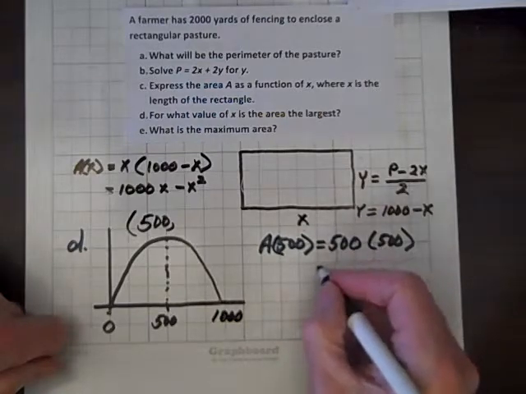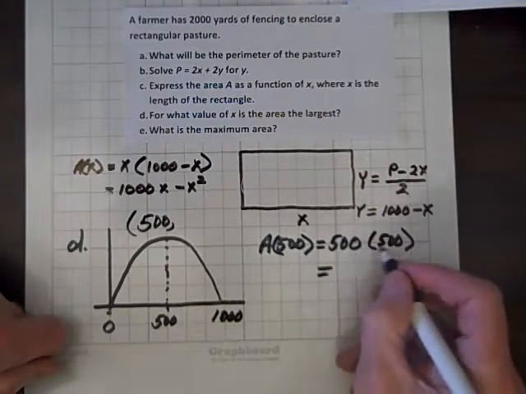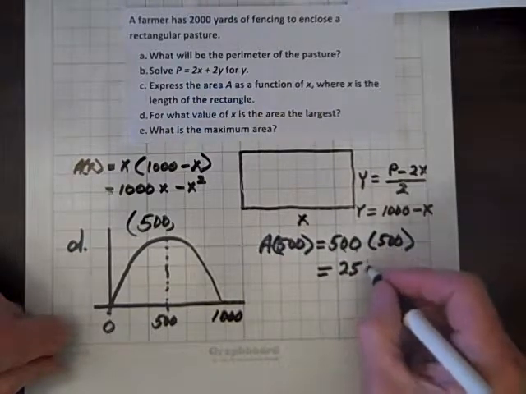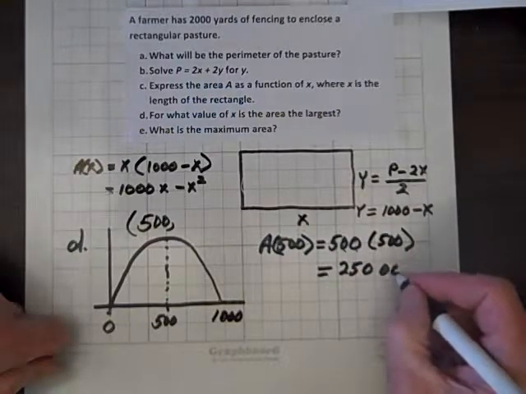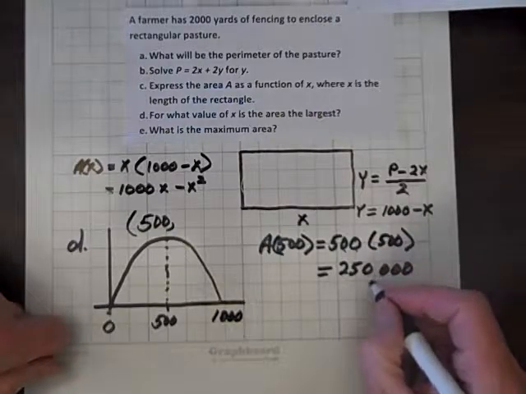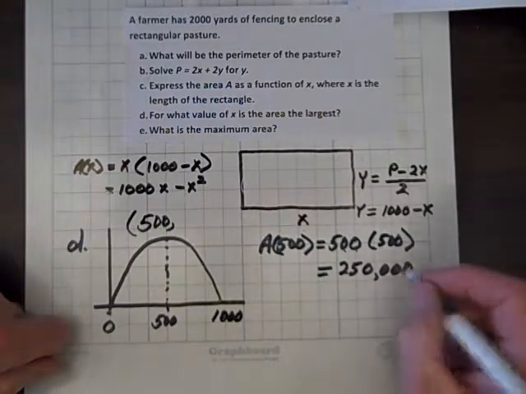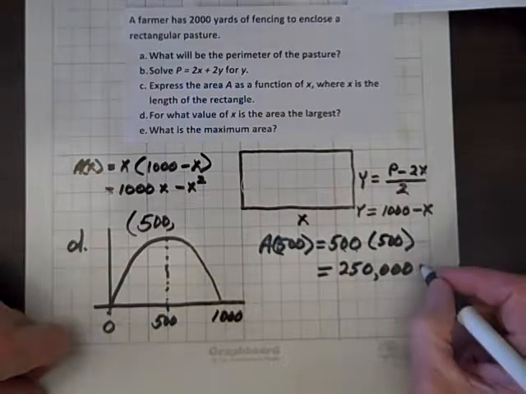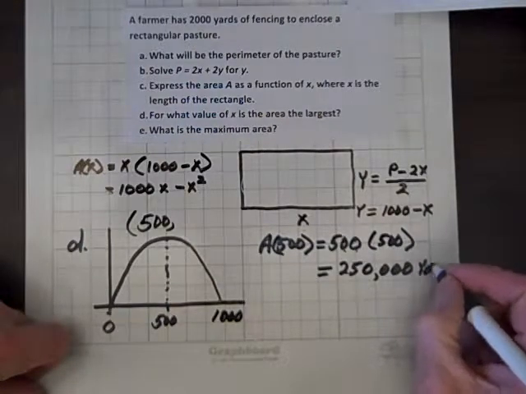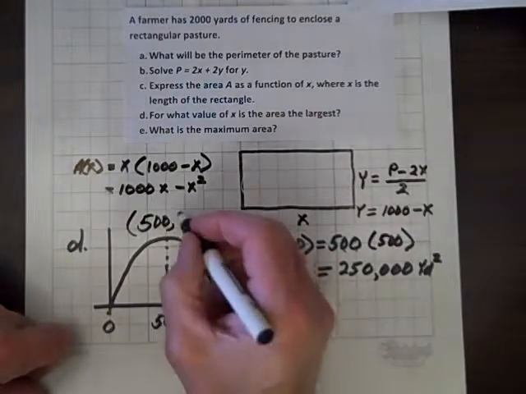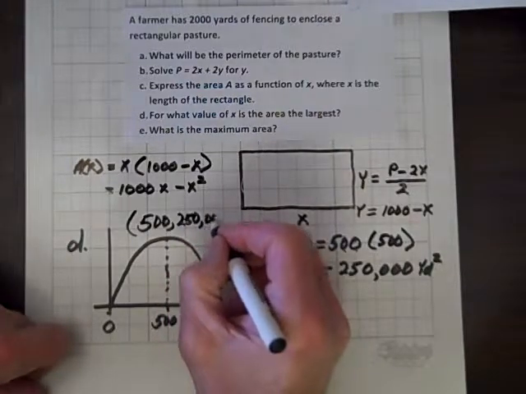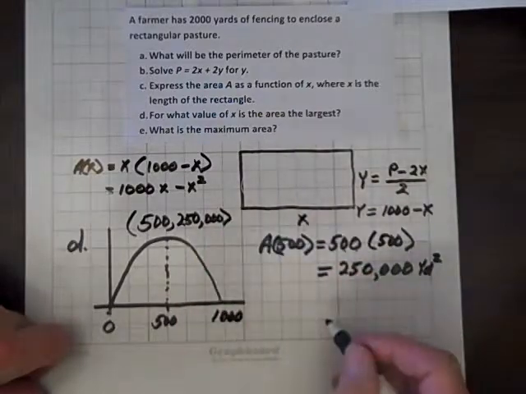And the product of these two is, well, 5 times 5 is 25, and we have 1, 2, 3, 4 zeros. So there's our 4 zeros. And consequently, our units are yards, so these are going to be 250,000 square yards. 250,000. And we are done.